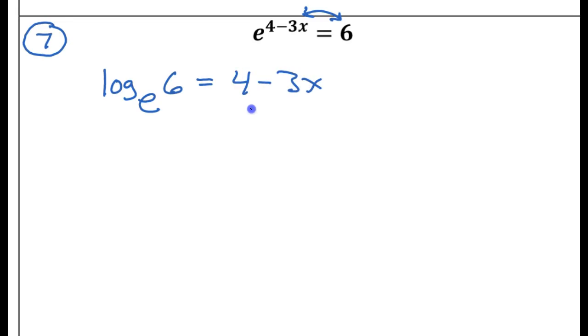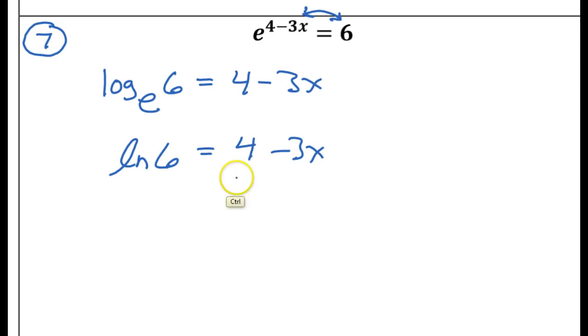But a class as educated as you all are know what I'm doing wrong. What should I have done? Natural log. We don't write log base e. That's silly. That's ludicrous. We write natural log 6 is equal to 4 minus 3x. All right? And we just leave it like that.